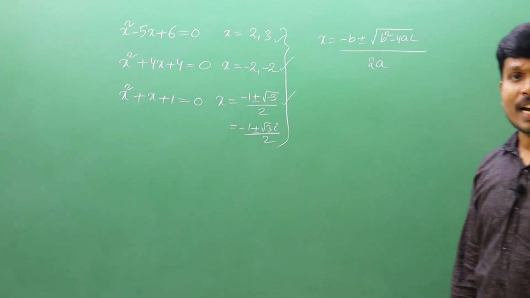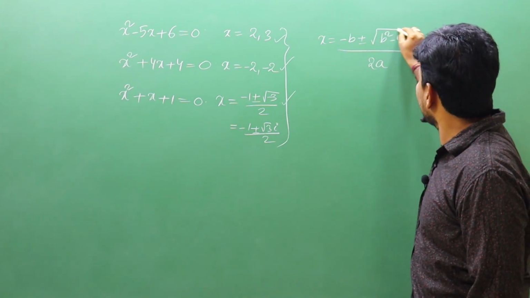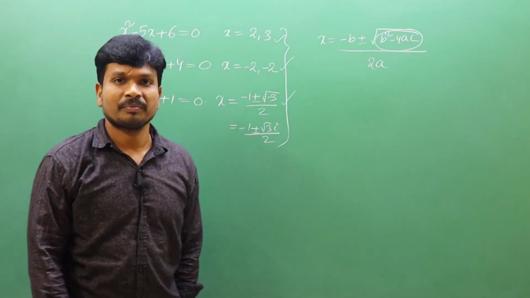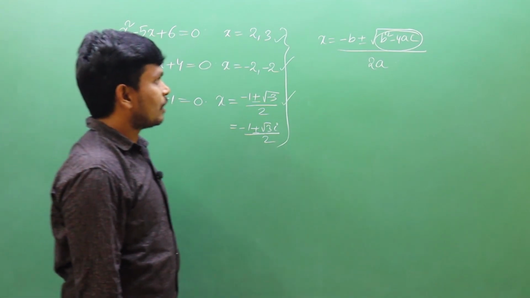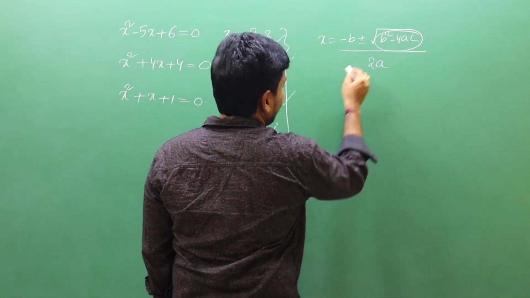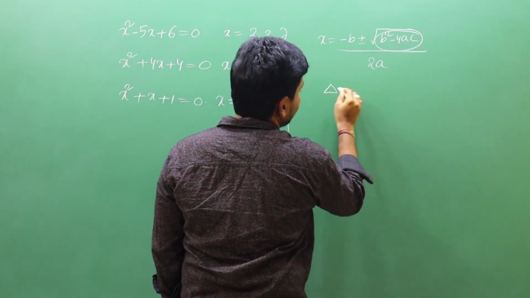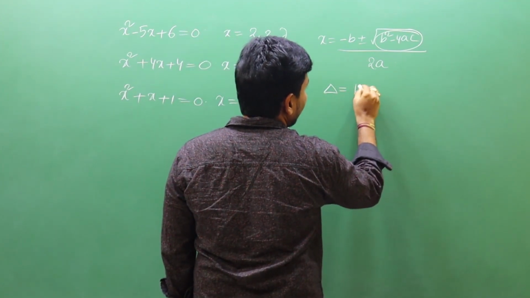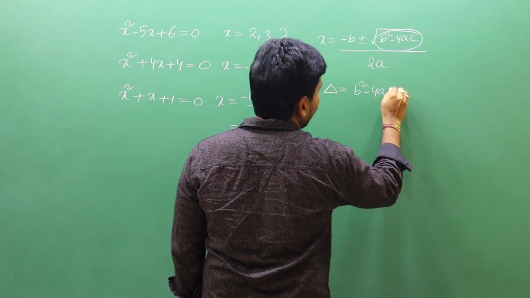Which one is the deciding factor? See, b square minus 4ac is the deciding factor. Observe here, b square minus 4ac is denoted by delta. The delta, b square minus 4ac.